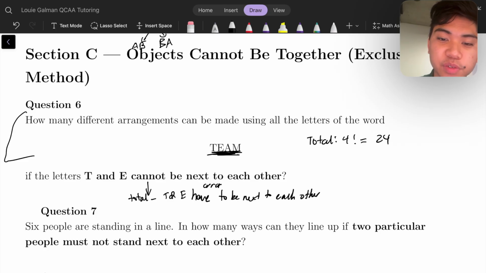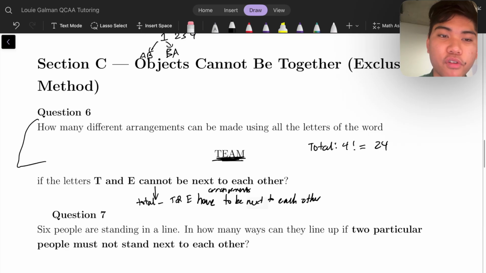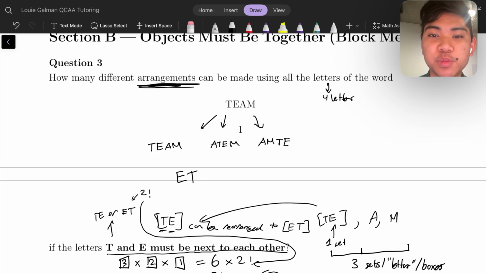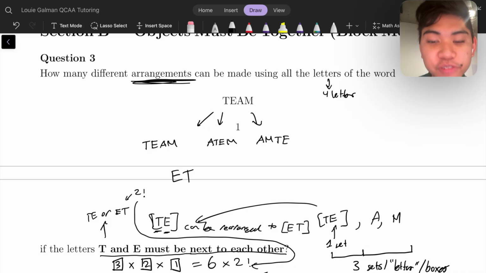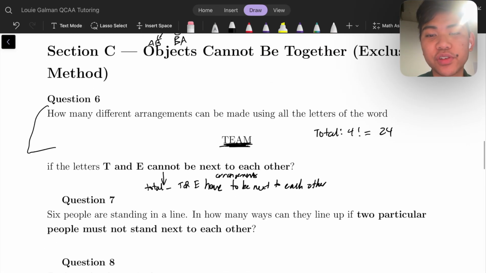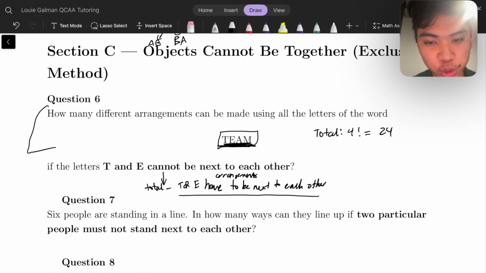Okay, so the number of arrangements for that. Because from our previous section, we know that there are 12 different arrangements where T and E have to be next to each other. So by logic and probability rules, if we know the total number of different arrangements for team, and we take away the total number of arrangements where T and E have to be next to each other, then we are left with T and E not next to each other.